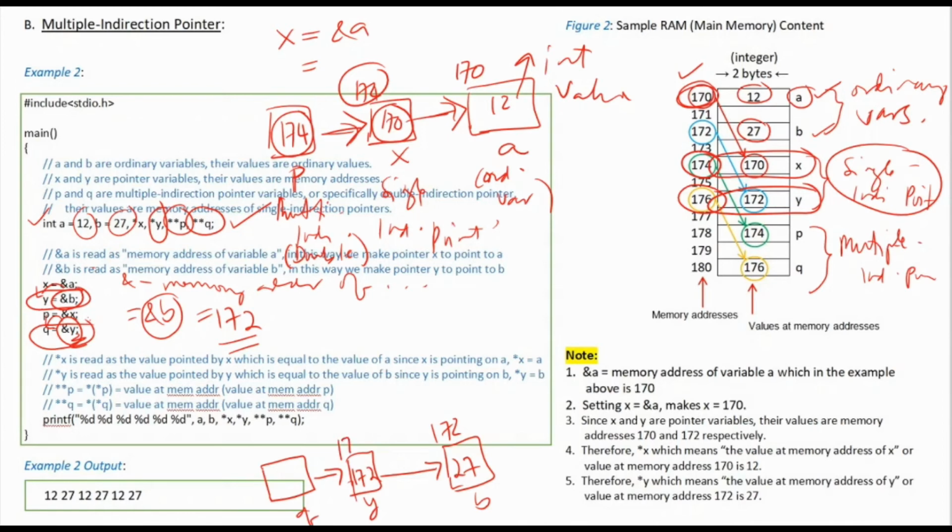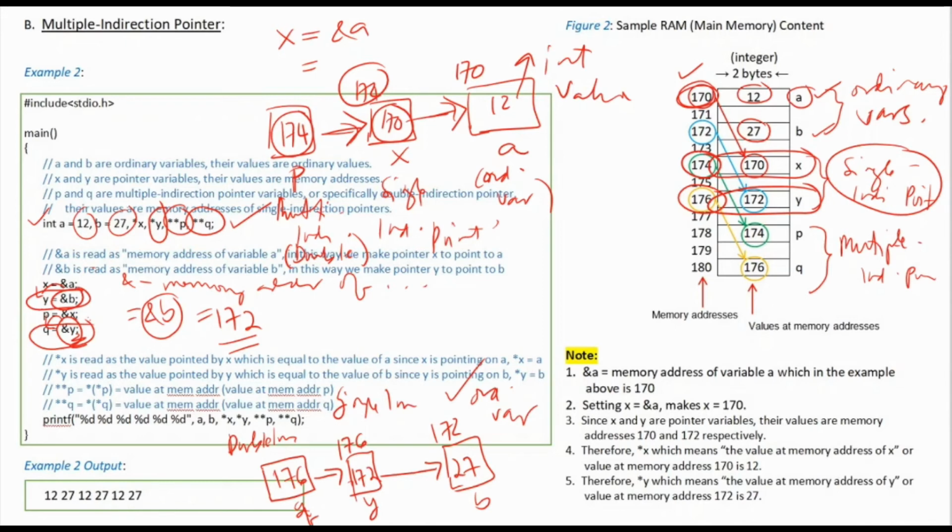So since this is memory address 176 and Q is pointing to Y, then the value in here is 176. So this is how the three variables are related. B, an ordinary variable, is pointed to by a single indirection pointer, and Q points to Y. This is a double indirection pointer.